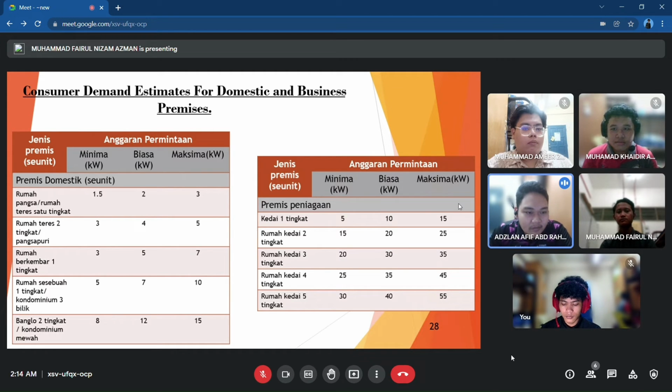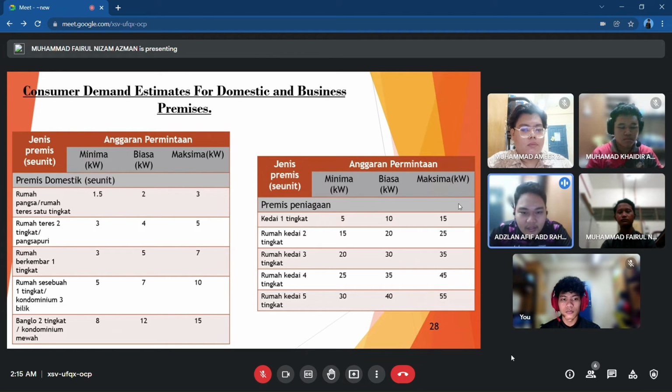First we have rumah pangsa and also rumah teras satu tingkat, where the maximum usage of power is 3 kilowatts, and the second one, rumah teras dua tingkat, is 5 kilowatts. Rumah berkembar satu tingkat is 7 kilowatts. Rumah sebuah satu tingkat is 10 kilowatts, and banglo dua tingkat is 15 kilowatts.